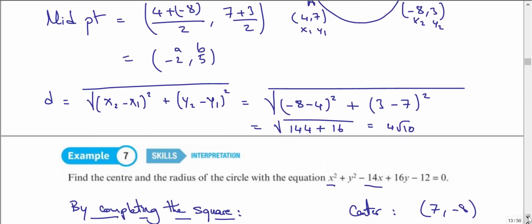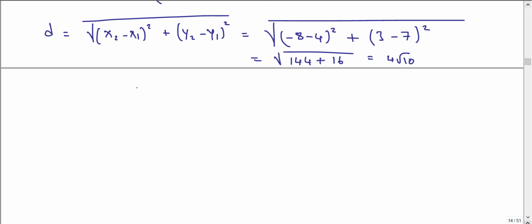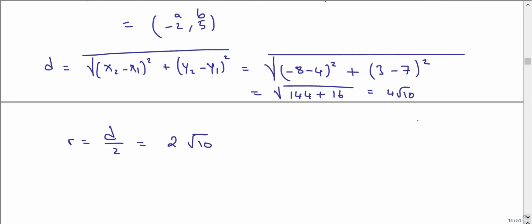So the equation will be what? Let me insert a page. What I got now is the diameter, so the radius is diameter over 2. So it will be 2 square root 10, dividing 4 root 10 by 2. So the equation is (x minus a) all power 2 plus (y minus b) all power 2 equals r squared.